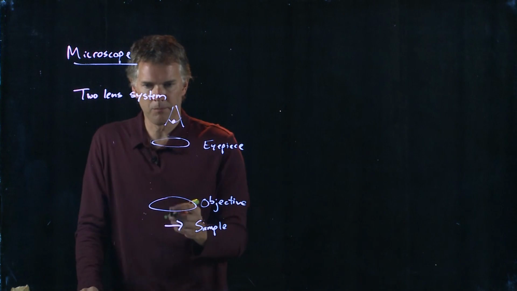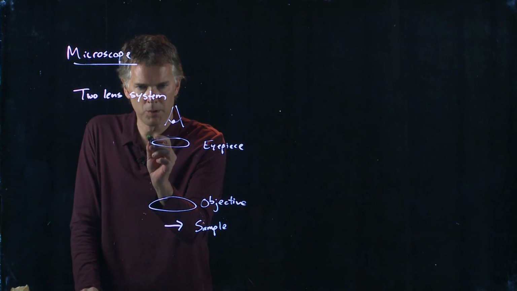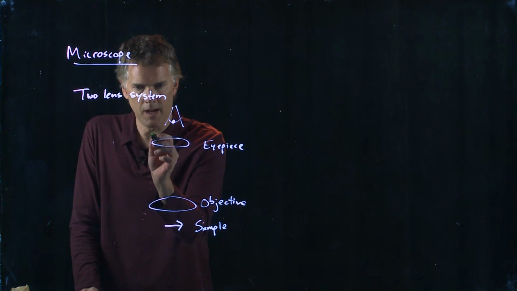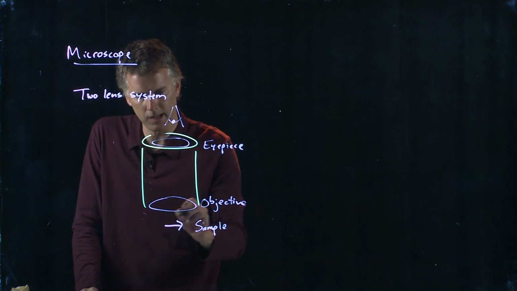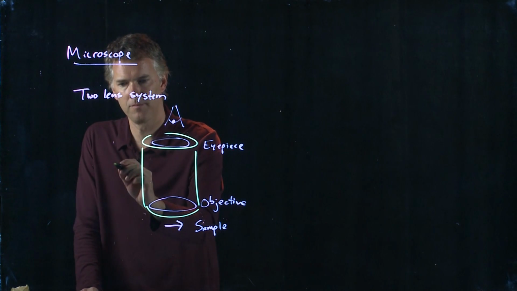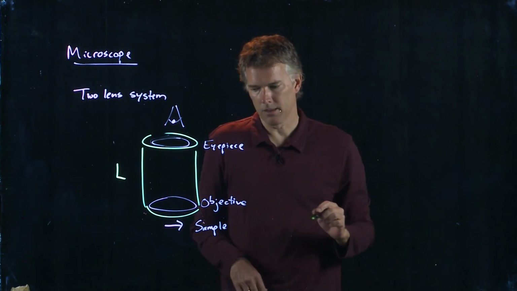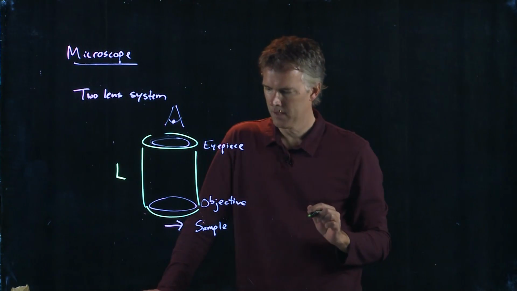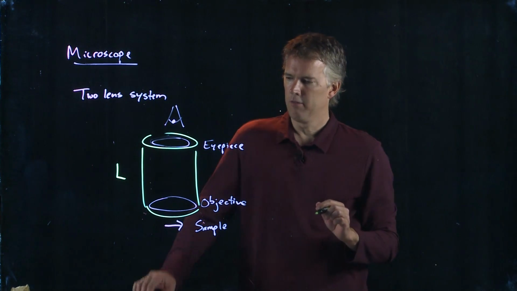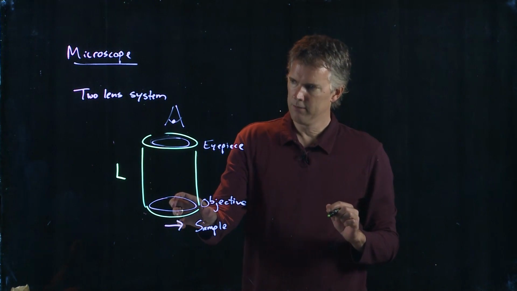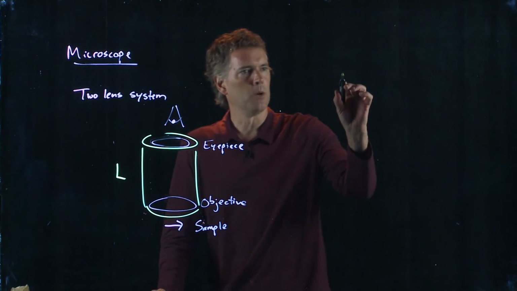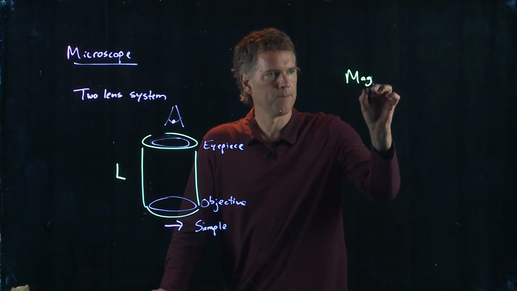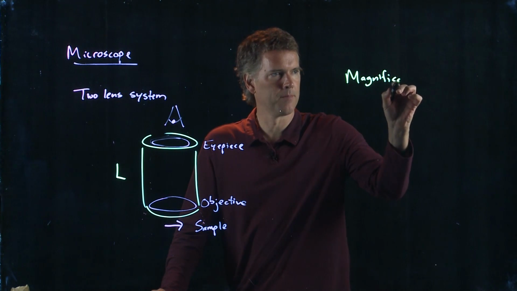Now, there is some sort of housing between this stuff, and that housing has a particular length associated with it. And that length is given by L. And then there is a focal length for the objective and a focal length for the eyepiece. And we would like to know what is the magnification of the whole system.